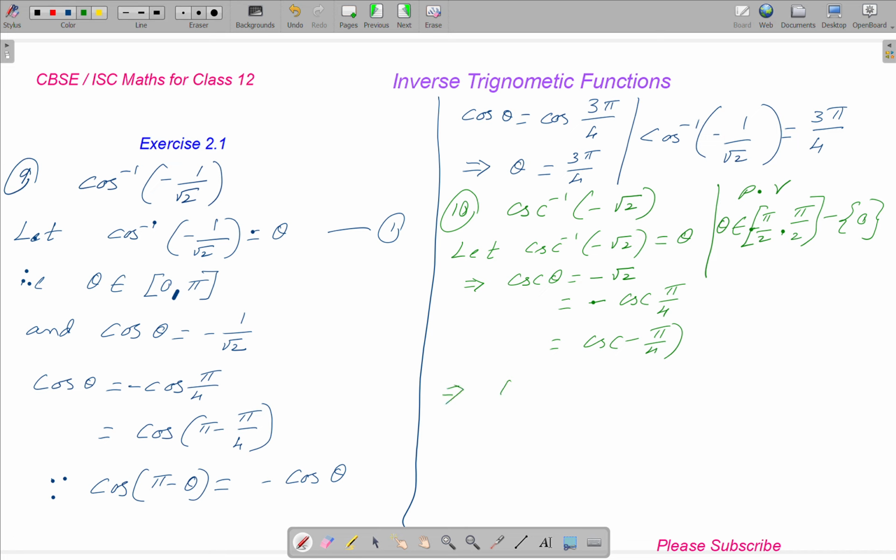That implies theta is equal to minus pi by 4. Therefore, cosec inverse minus root 2 is equal to minus pi by 4.